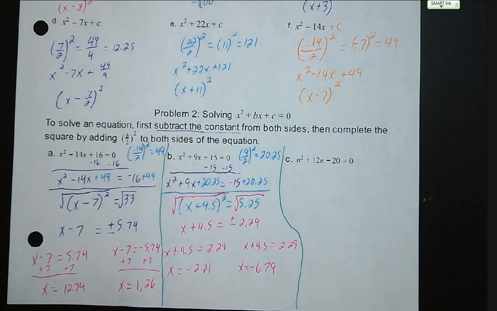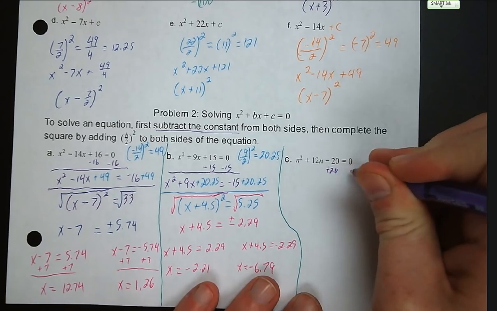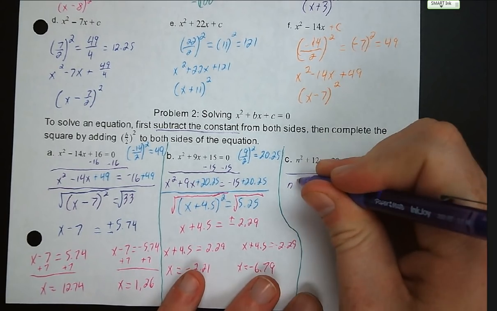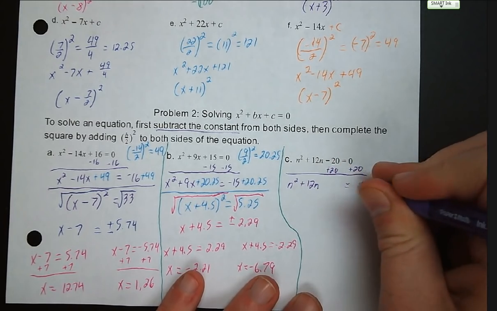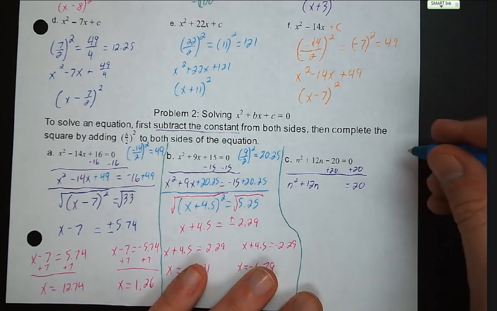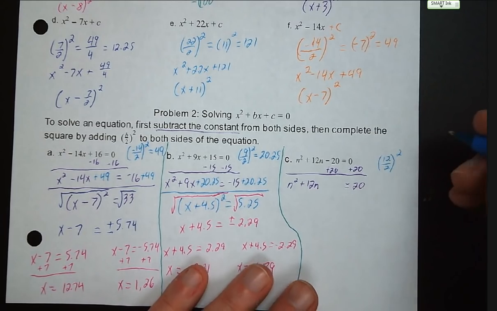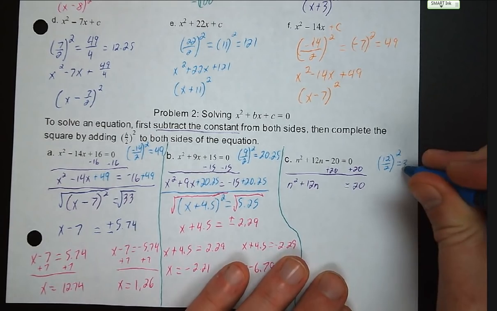All right, so first step is to add 20 to both sides. So n squared plus 12n, leave my space, equals 20. I do my completing the square, so 12 over 2, the quantity squared. 12 divided by 2 is 6. 6 squared is 36.